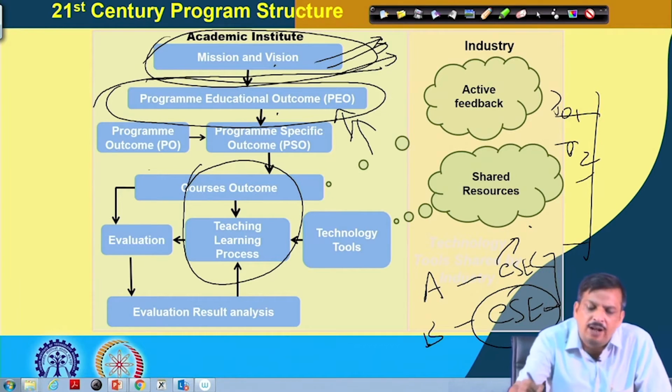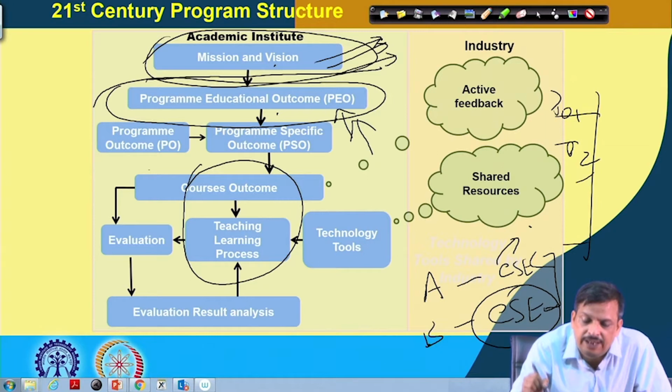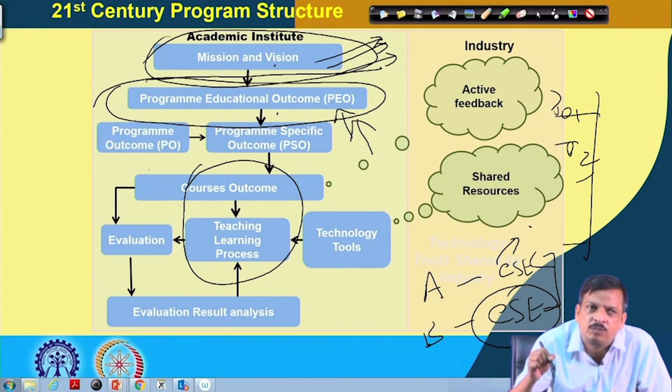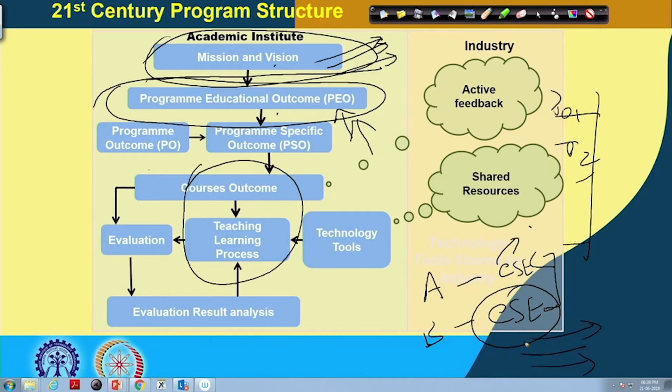So the program educational objective depends on what kind of output you want to produce. It is not necessary that everybody has to produce good researchers and good academicians, or supply manpower at world standard. Not like that.